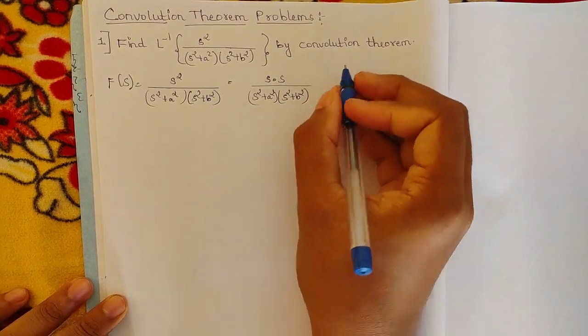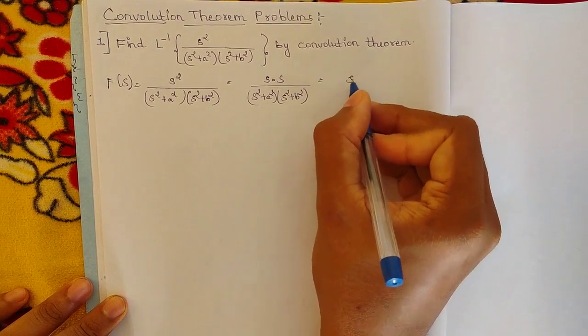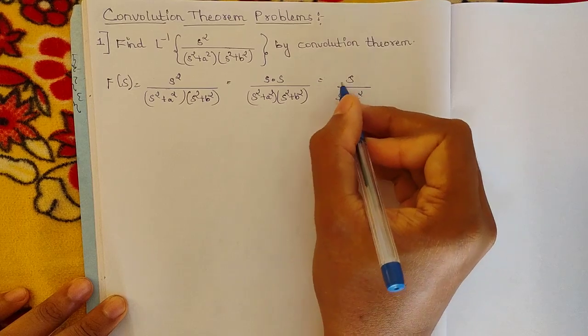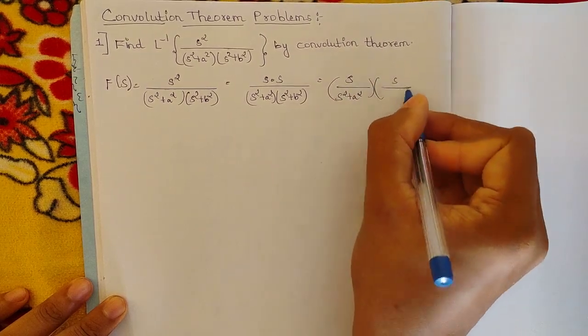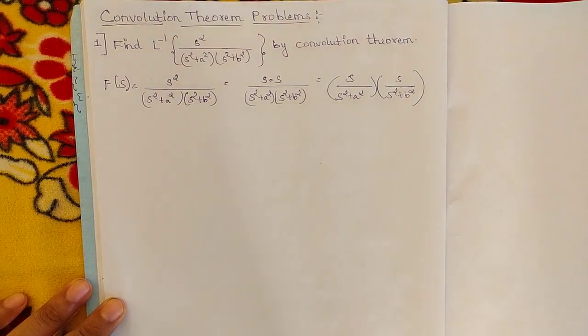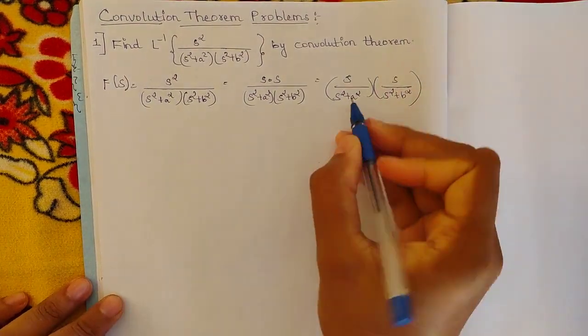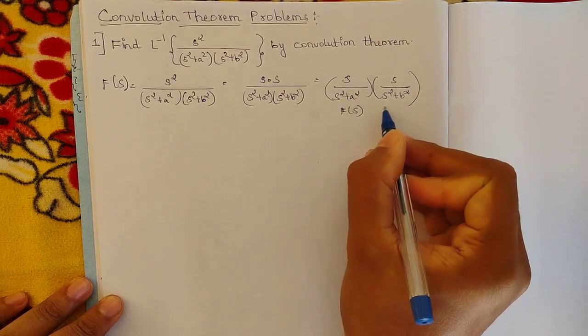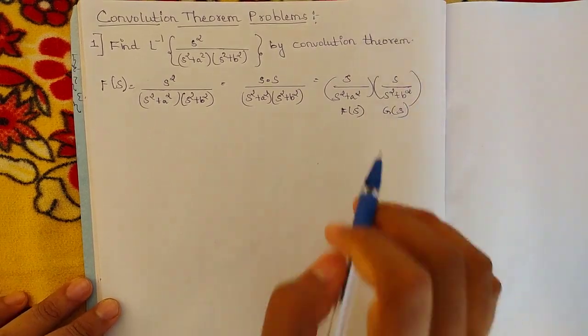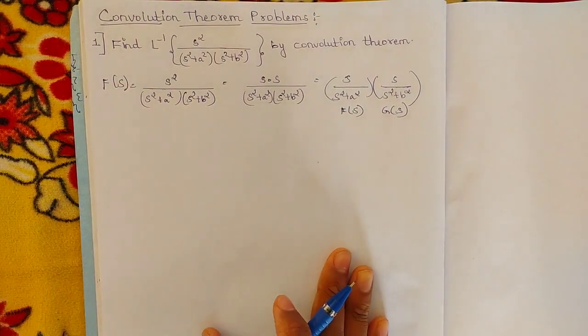Now this can be written separately as s divided by s square plus a square into s divided by s square plus b square. If you compare, this is f of s and this is g of s. So L inverse of f of s into g of s, you should do it separately. Hope it is clear.